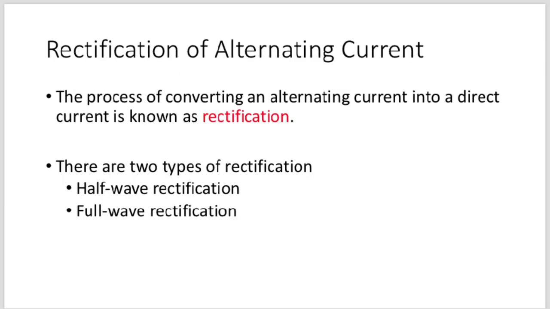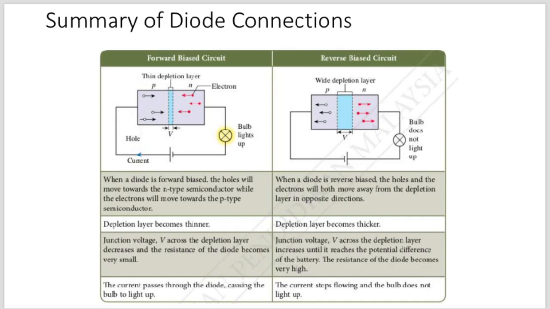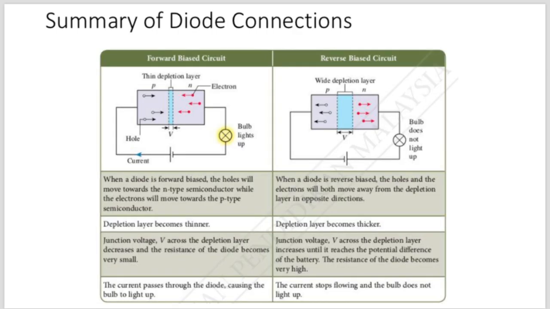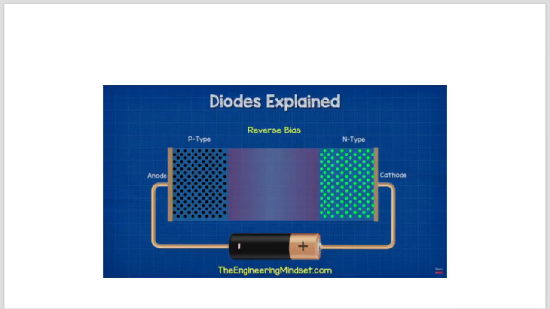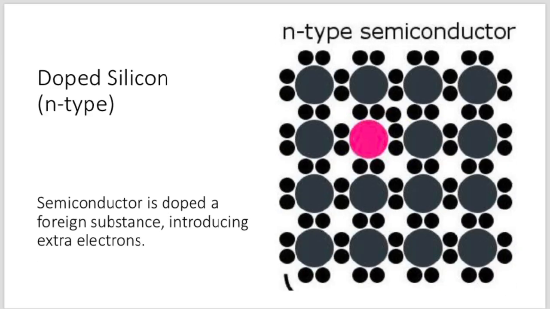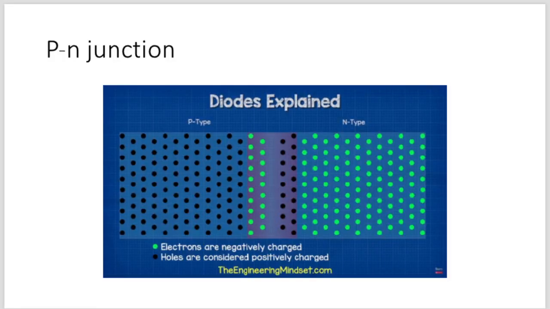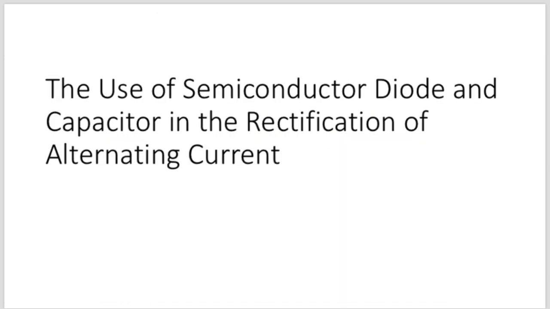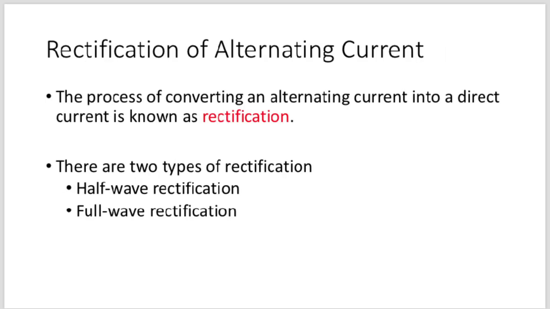For diodes, basically, you need to understand what is forward bias and what is reverse bias. This part here about how exactly this happens is all bonus. The important thing is that you know what forward bias is and what reverse bias is, and what the uses of semiconductor diodes are, and how to use a capacitor, right?